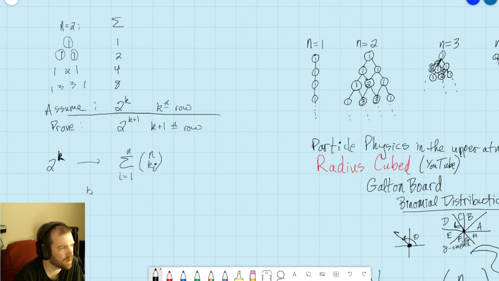Then the k plus 1th row. We end up with the sum as i goes from 1 to n plus 1 of n plus 1 choose k sub i still.